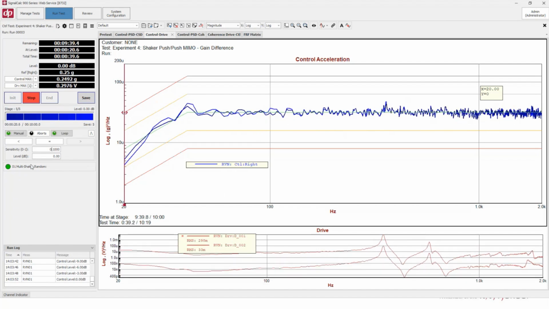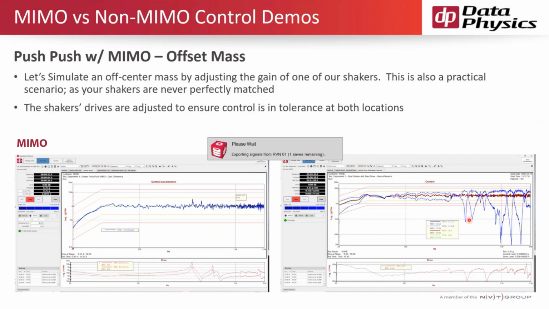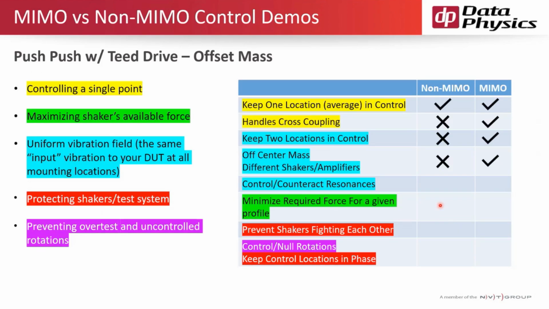So it's counteracting for those offset masses and for the gain differences in the shakers. We can see that the MIMO case kept both control points in control, while with the non-MIMO case they deviated quite a bit. So on our complexities grid, MIMO gets a checkbox for handling off-center masses and differences in the shakers and amplifiers.